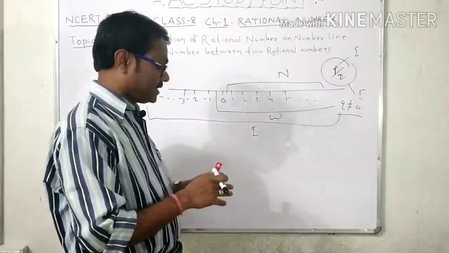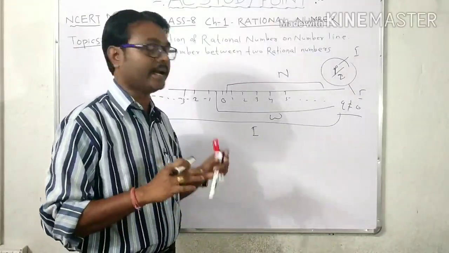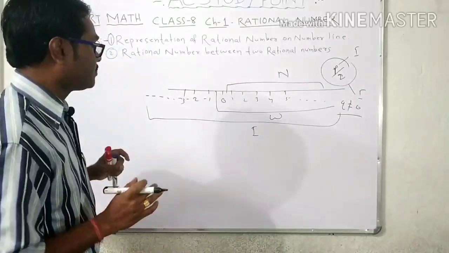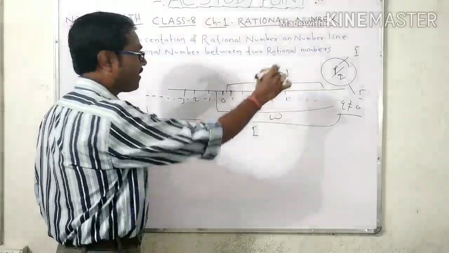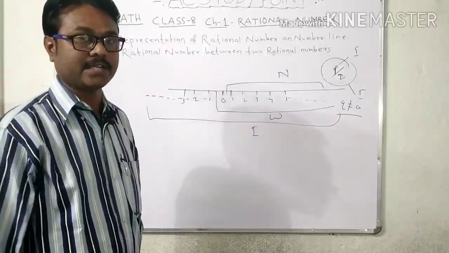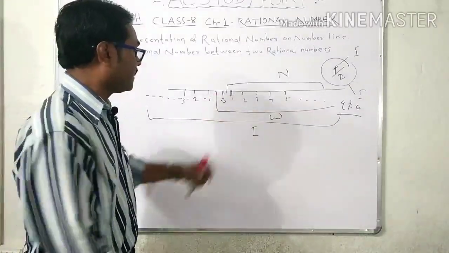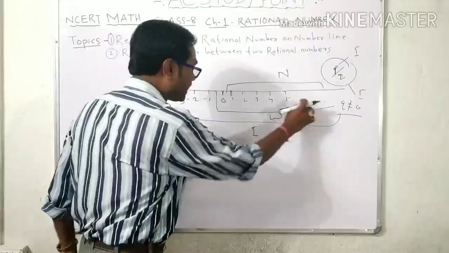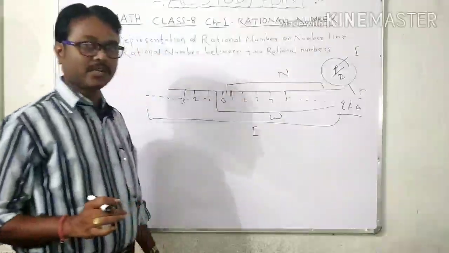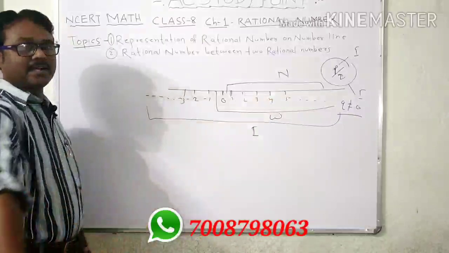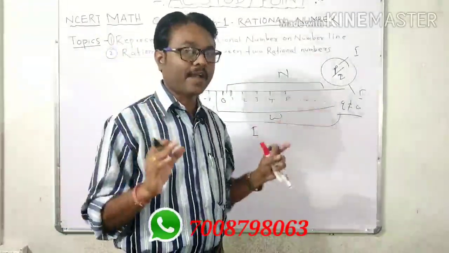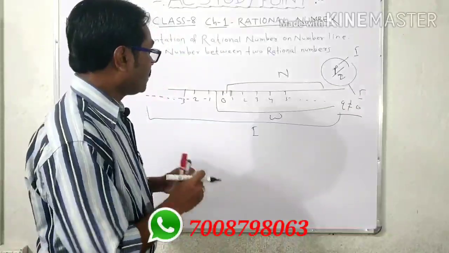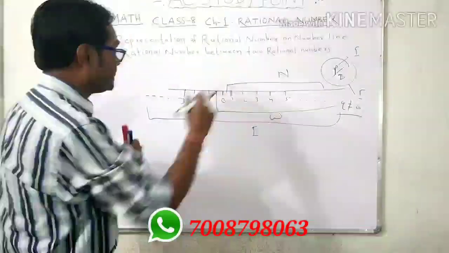So how do we represent a rational number on the number line? As I have told you, between any two numbers there are infinitely many rational numbers. No doubt natural numbers, whole numbers and integers are also rational numbers, so the rational numbers have a very big family.